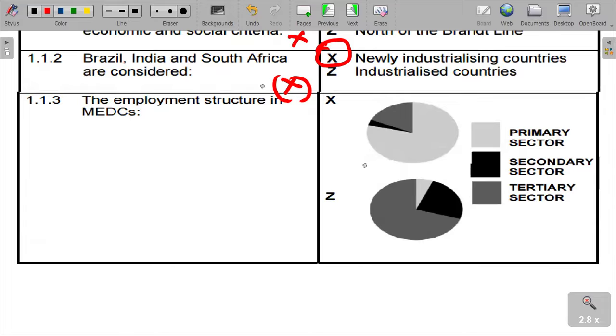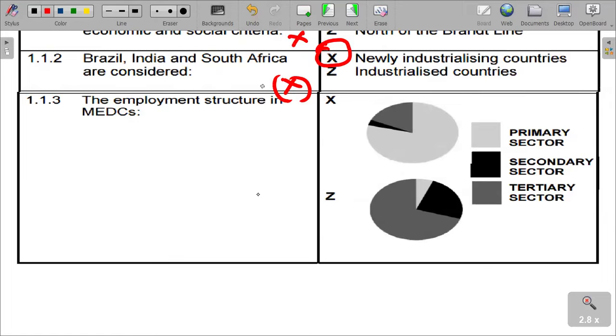We need to understand the level of employment we tend to find in most economically developed countries. What is the idea there in terms of economic sectors' contributions and allocation of labor within the countries?